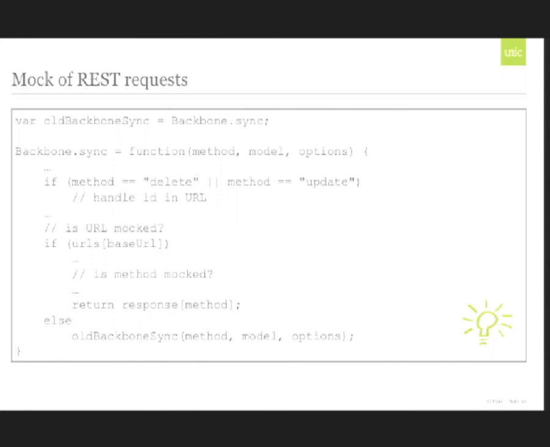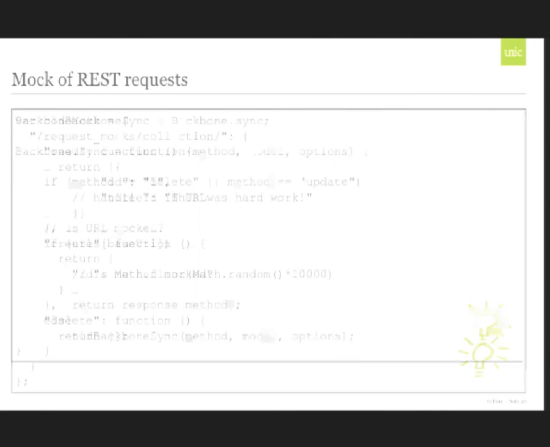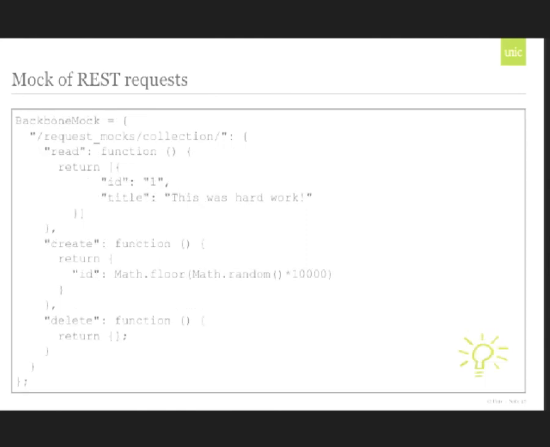And the cool thing here is we can really handle the ID, because then we really don't have to mock every ID, every URL. And such a mock would look like this. We can define a base URL for our module, and then we have a function for each CRUD method: create, read, update, and delete.